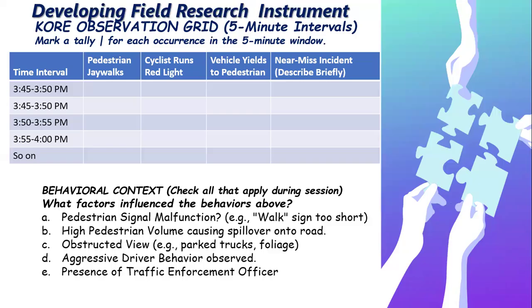It is important, because if the walk sign is too short for people walking, it should be enhanced. High pedestrian volume causing spillover onto roads. Obstructed view, for example, parked trucks. Aggressive driver behavior observed. Presence of a traffic enforcement officer.